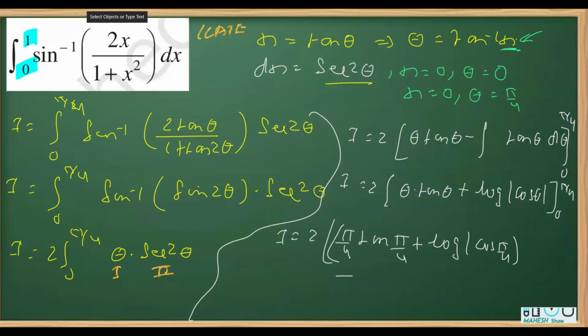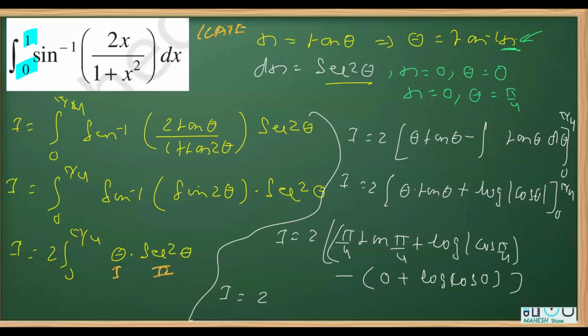Lower limit is 0, so if I plug in 0 here, theta times tan theta is 0. And cos 0 is 1, so it is 0 plus log 1.